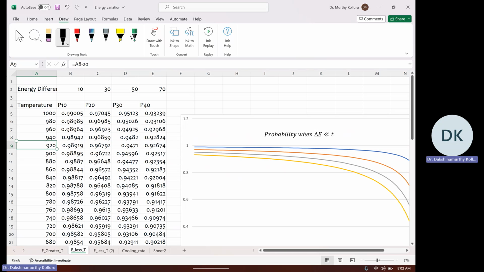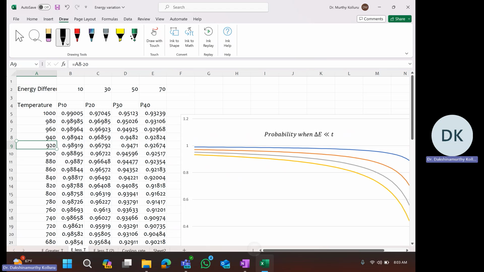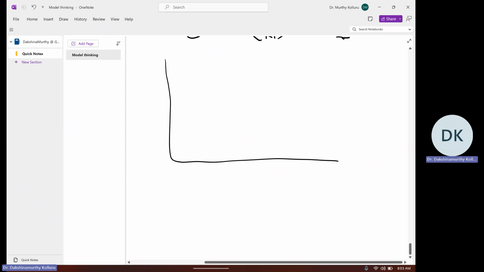In fact, I encourage you to try out how the function varies with geometric cooling. It will be a bit difficult for me to type all that here.